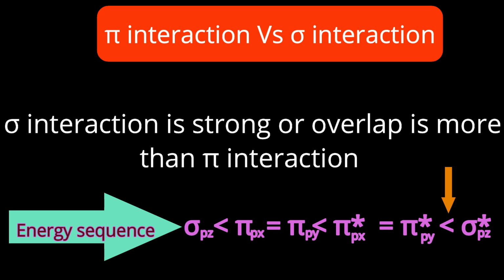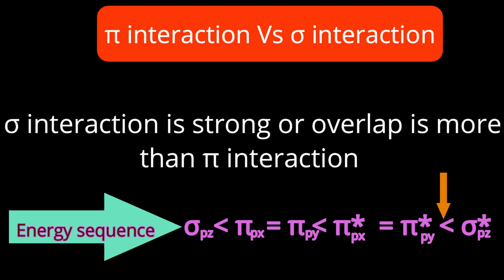It is our expectation. But in true sense, in MO diagrams, the energetics is different. What is our expectation? Sigma pz should be there as lower energy, then pi px and pi py orbitals, then pi star px and pi star py orbitals, then sigma star pz orbital. That should be the energy sequence.